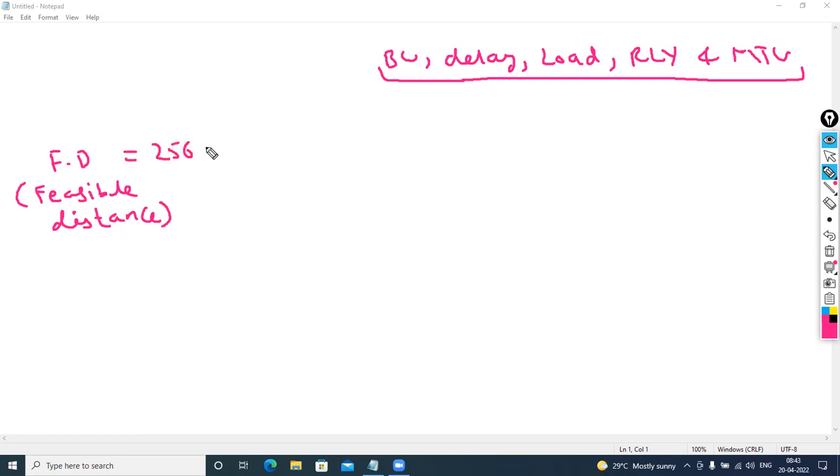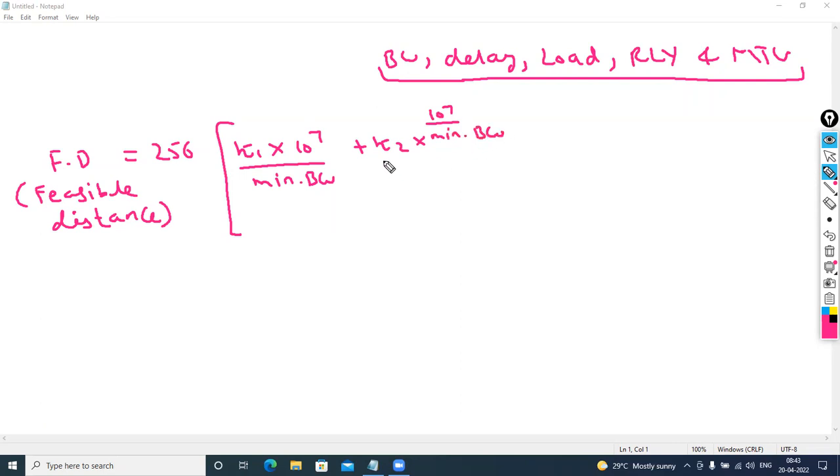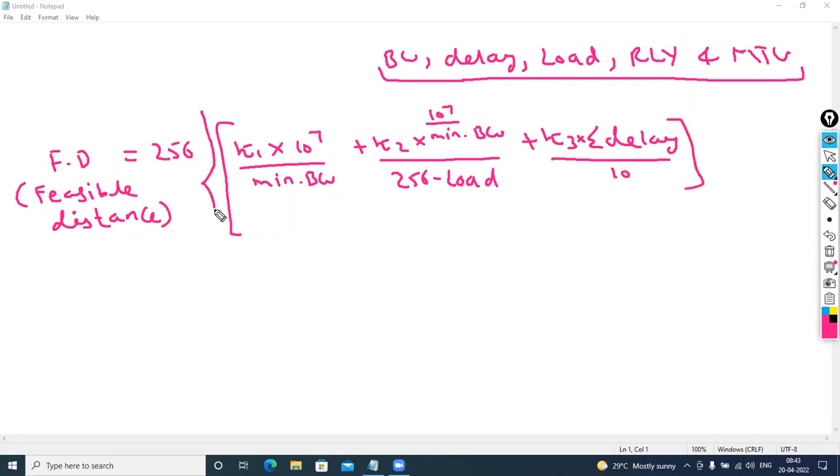It is 256 into K1 into 10 to the power of 7 divided by minimum bandwidth, plus K2 into 10 to the power of 7 divided by minimum bandwidth divided by 256 minus load, plus K3 into sigma delay by 10, whole multiplied by K5 by K4 plus reliability.